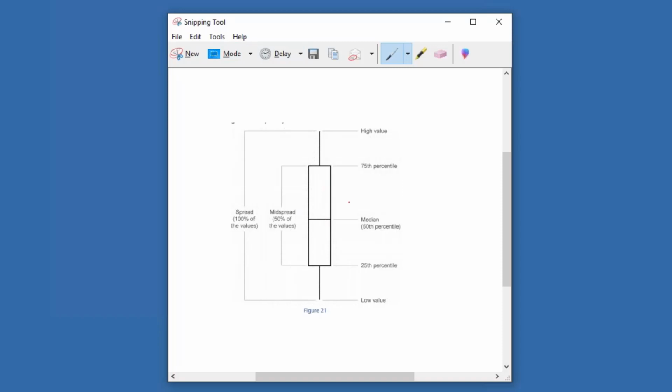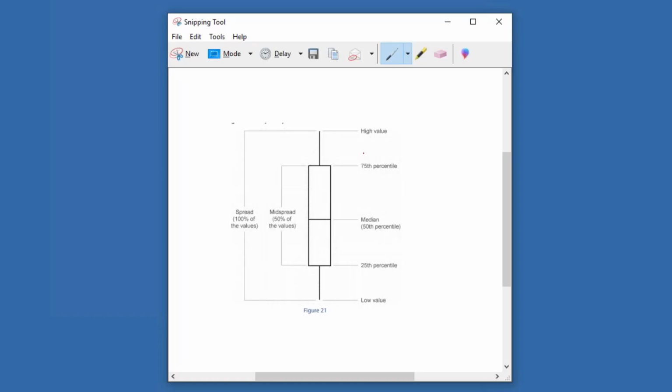Now, the other thing we're going to talk about today is the mean and the median. You may remember from your statistics classes, the mean is the average, right? You take all the values, sum them up, and then divide, and you get the mean. But the mean can often be skewed by outliers, right?